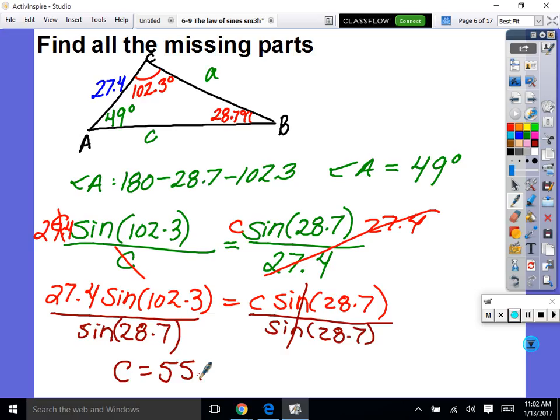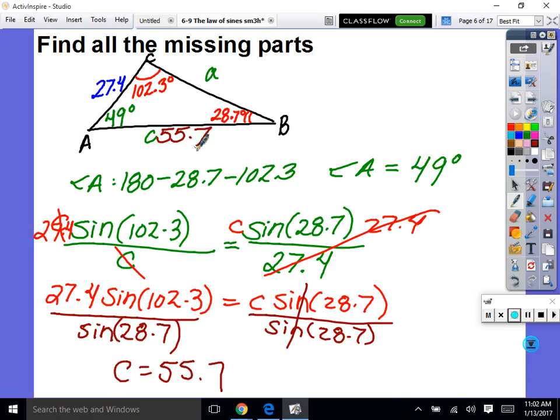This original triangle only had one decimal, so let's do one decimal. Did everybody get that? Were you able to plug that in just like it is? Make sure your calculator's in degree mode because these are degrees right here.